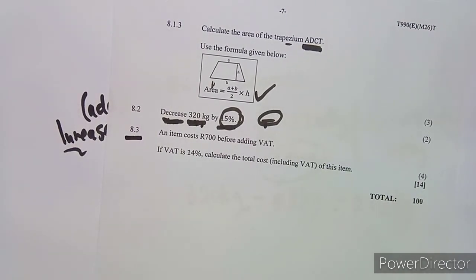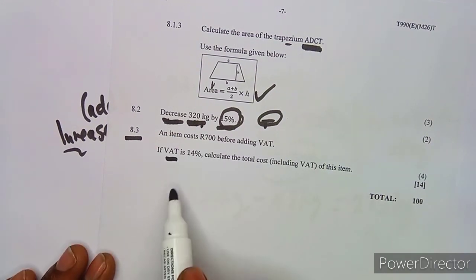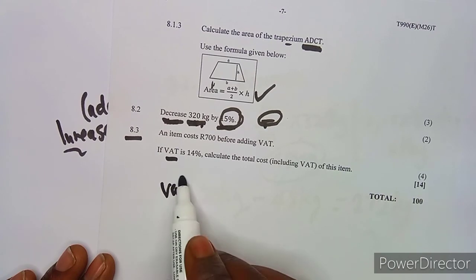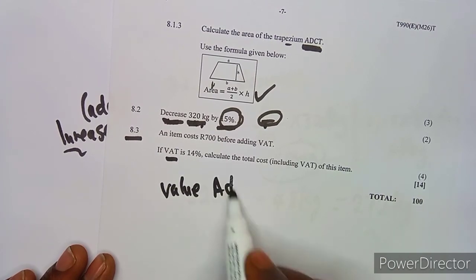All right, then on 8.3 we are given that an item costs 700 rand before adding VAT. If VAT is 14%, calculate the total cost including VAT on the item. Okay, take note, guys, a VAT is actually a value added tax.